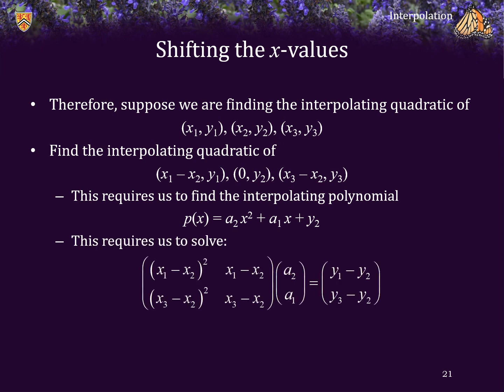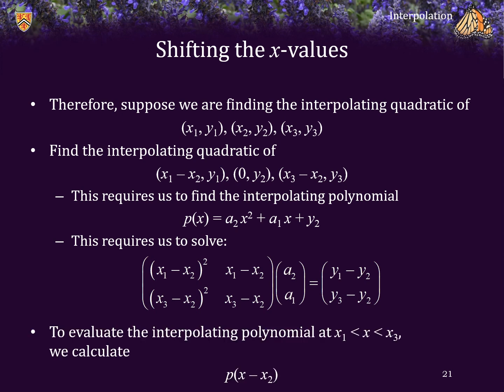This requires us to solve the system of 2 linear equations in 2 unknowns. And having found the polynomial p, if we want to evaluate that interpolating polynomial p at some point x between x1 and x3, we actually evaluate the polynomial p at x minus x2.